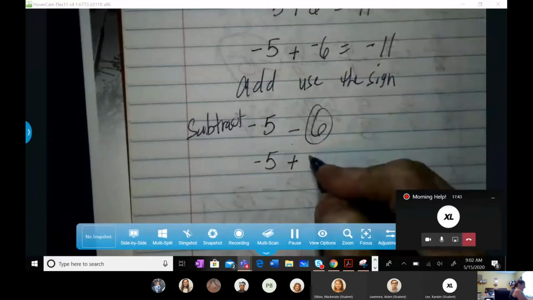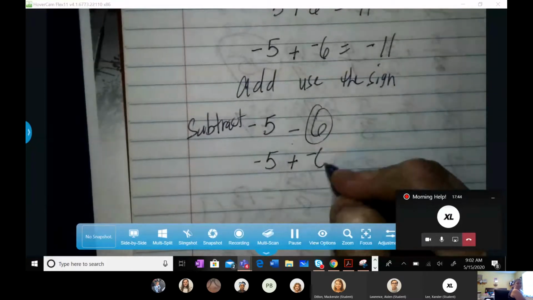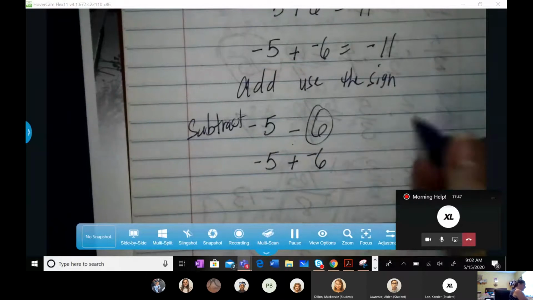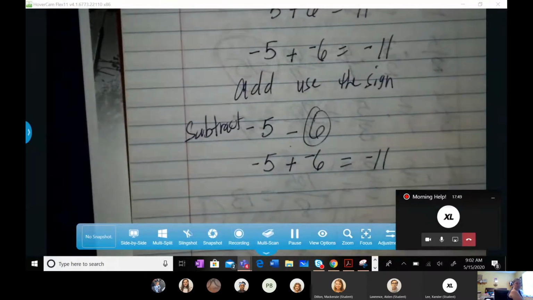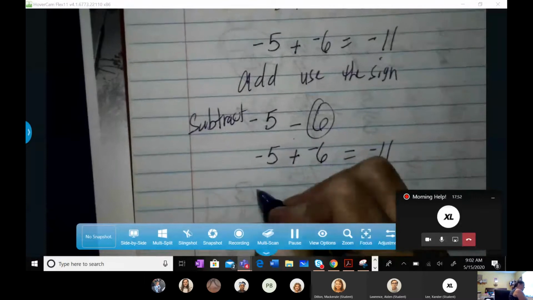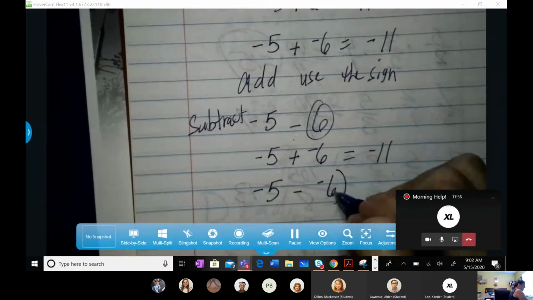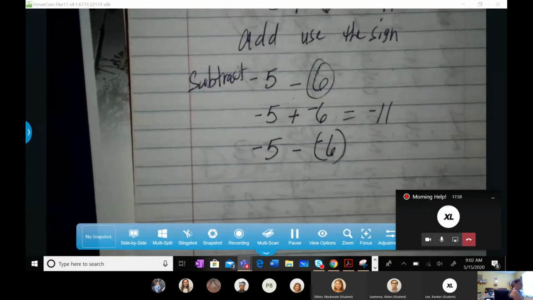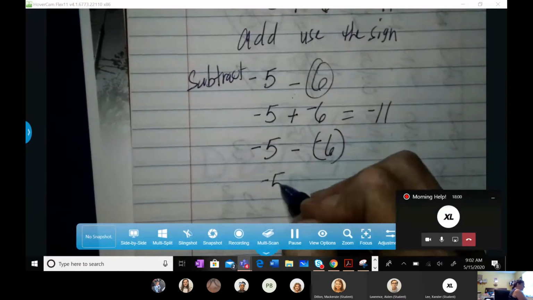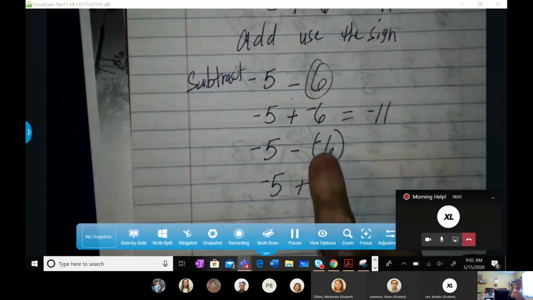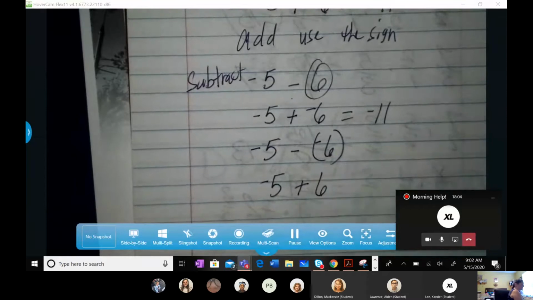So I'm going to add and then make this become the opposite. So therefore, we still get -11. So if this was -6, then we would still add, and then we would take the opposite of that 6.